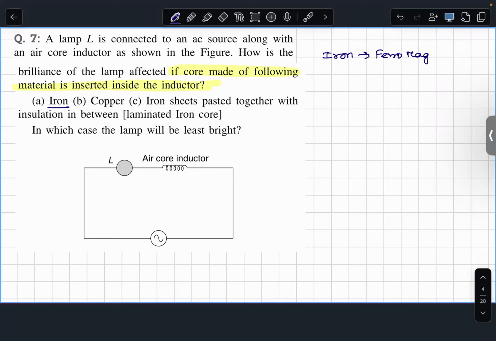So what happens to you is L increases, Z increases, current decreases, so brilliance decreases. Any doubts? Any doubts again, once again, please.